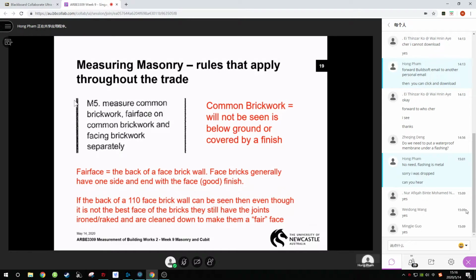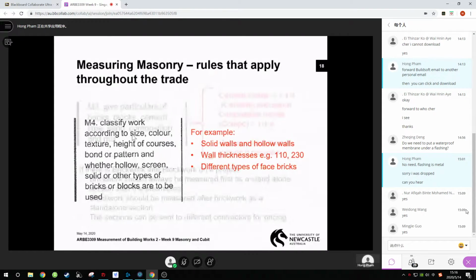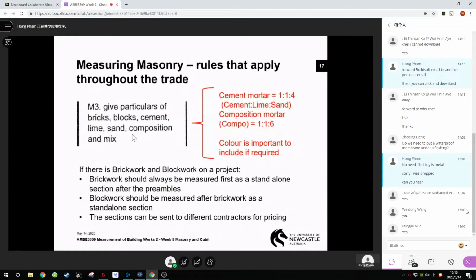First, M3 and M4 is very closely related. Okay, M3, it means you give the particular brick, for example, metric standard common brick. You can describe metric standard common brick laid in cement sand mortar, cement lump sand mortar 114.